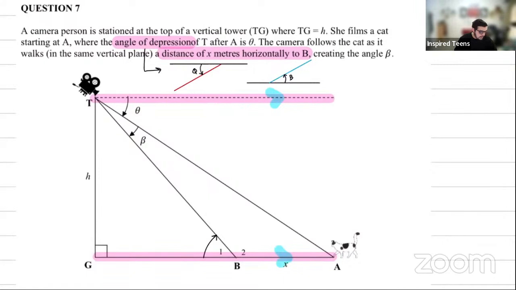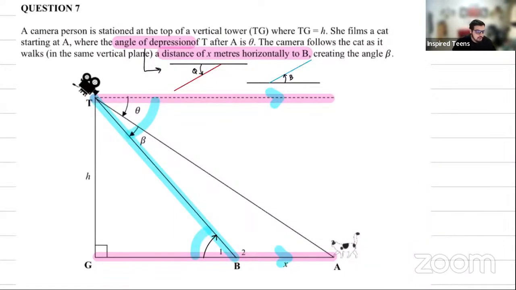Since they're parallel, we can try and use our alternate angles. In this case, B1 would be equal to, so here's the transversal. The transversal is a line that cuts through or touches two parallel lines. So that's the transversal. This is the first angle, B1, and it would be equal to this angle, the combination of this angle here. Again, that's just basic Euclidean geometry.